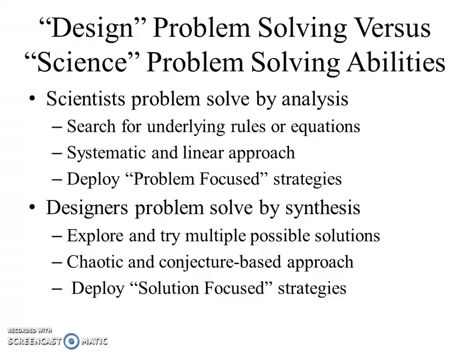And when you get to that roadblock, then you backtrack to the place where you did have the required information to proceed, and you proceed down the second best possible route trying to find the solution. So it's a very systematic and linear process. And this is called a problem-focused strategy to achieve a single solution. Now once you've achieved that single solution to your problem, you're done. The problem is solved and you can move on to the next.